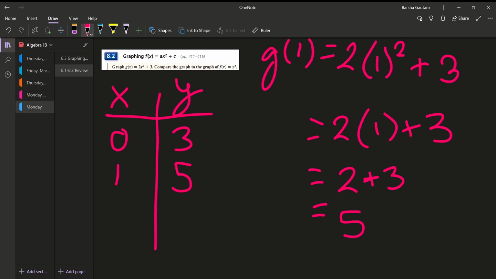And since we know that our vertex here is (0, 3), we know that (1, 5) is going to have to reflect over that axis of symmetry. So if it reflects over, it'll be (-1, 5).